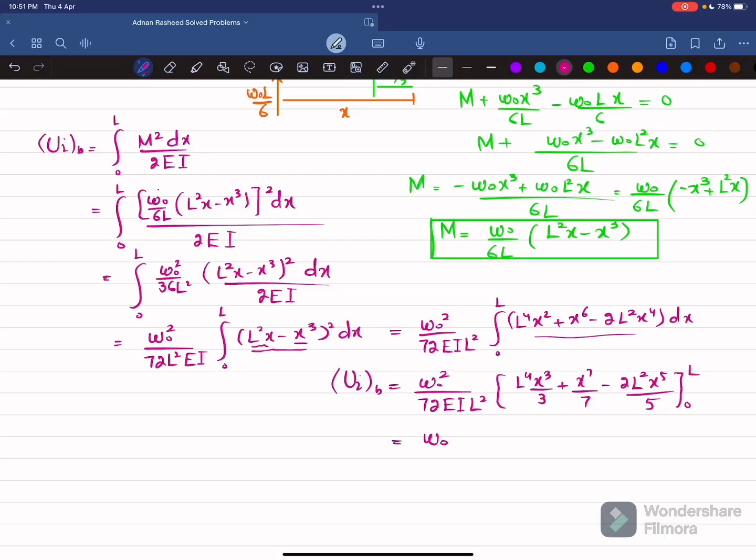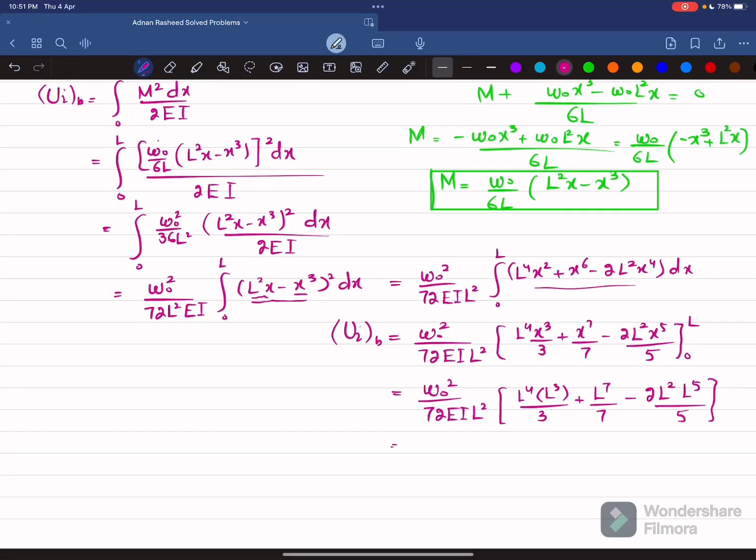So W naught square over 72 EI L square. Now if you put the limit L, it will be L4 into L power 3 divided by 3 plus L7 over 7 minus 2L square L5 over 5.